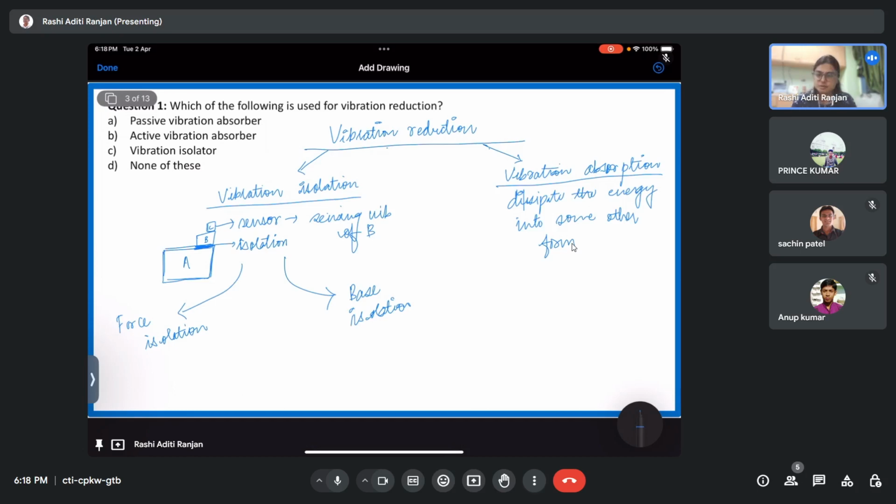It isolates the force, simple. For example, if A is vibrating, it is going to produce some kind of force because of the vibration. That force is isolated. It is not being transferred to B.